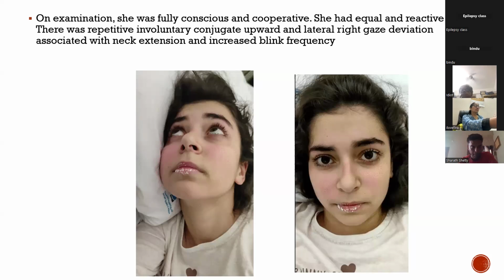So I've given two images. The first image is before treatment, and the second image is after treatment. So the question is, what is the phenomenon and what is the first line treatment of the condition?